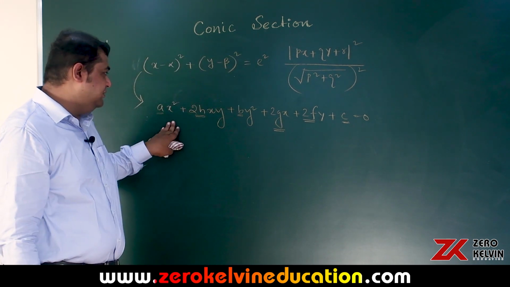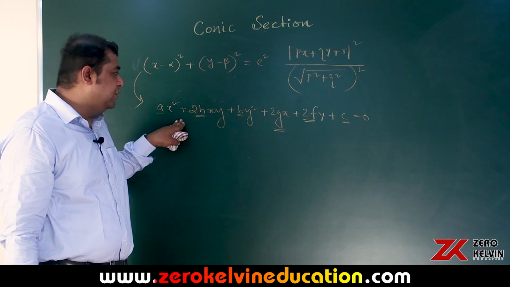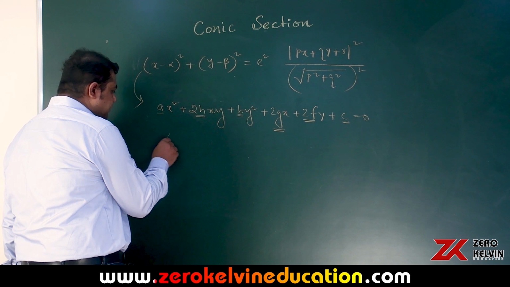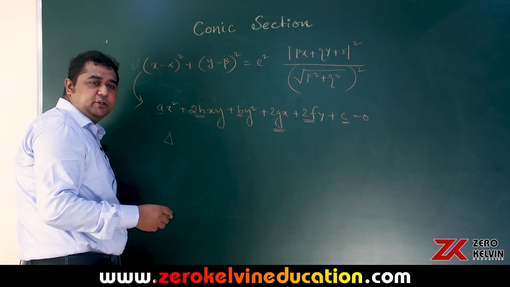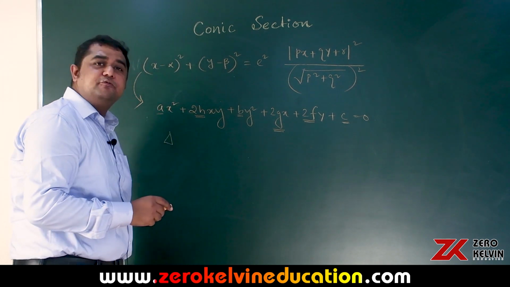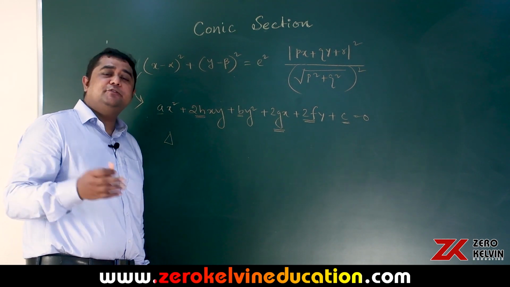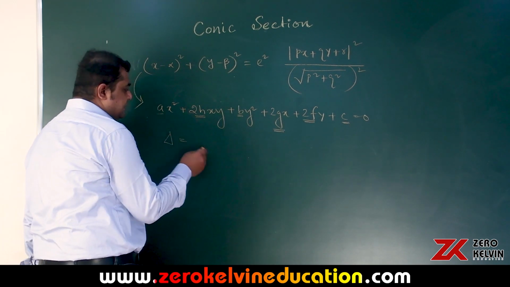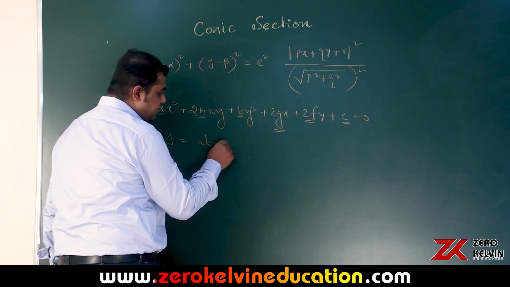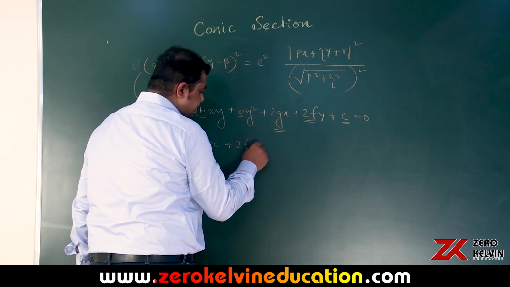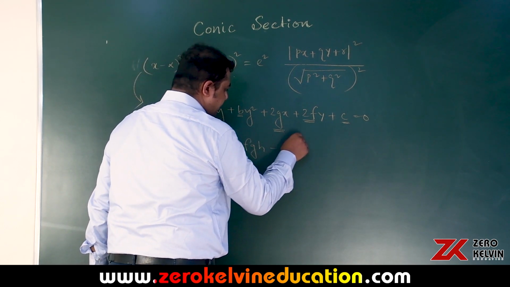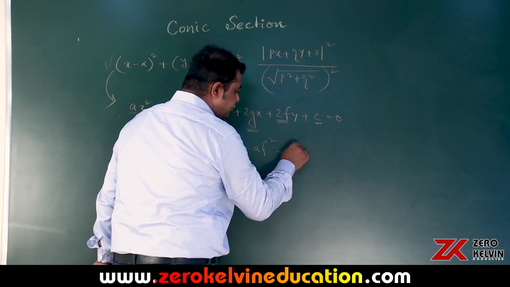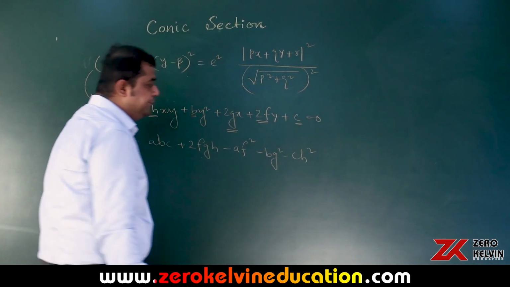So, this equation, which can also represent a conic, has as its necessary condition that the delta of this two variable quadratic is non-zero. You have been introduced to this two variable quadratic equation when we went through pair of straight lines, and we already know that delta is nothing but abc plus 2fgh minus af square minus bg square minus ch square.